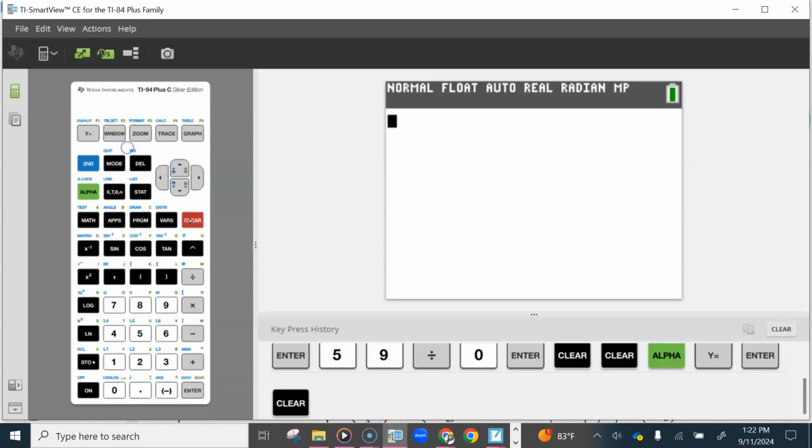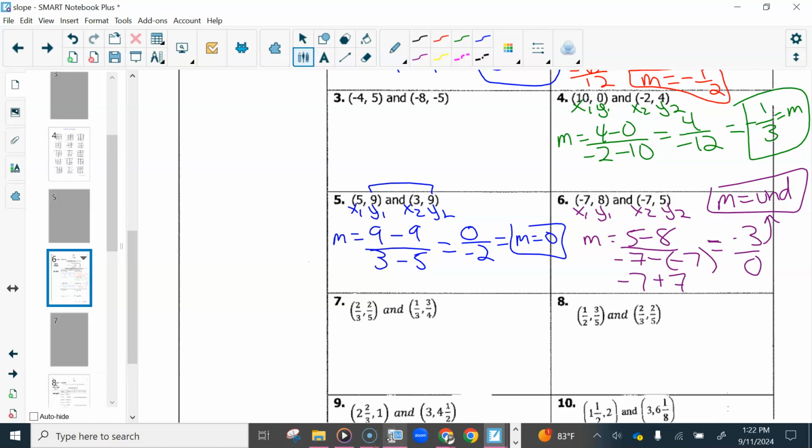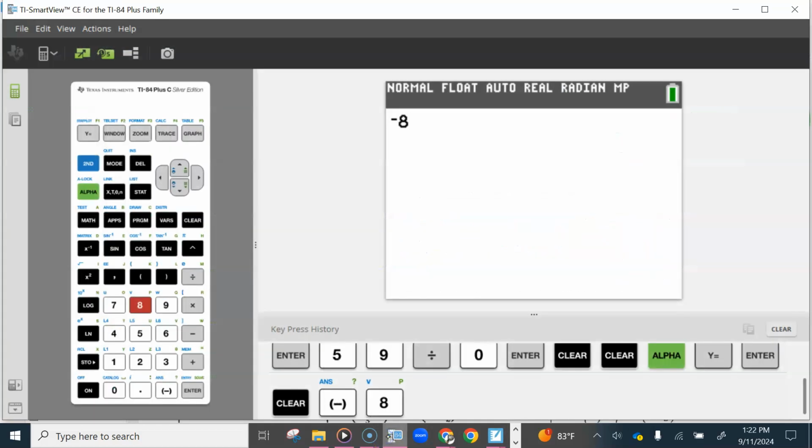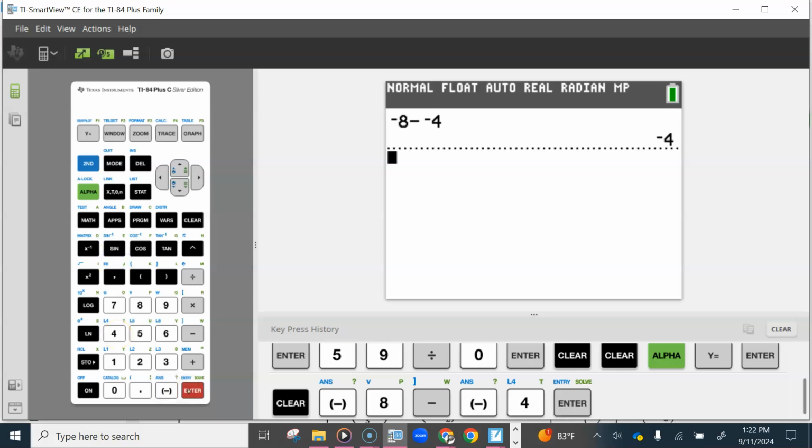You did -8 minus -8, with a minus or negative, like this. It may have been the negative minus.